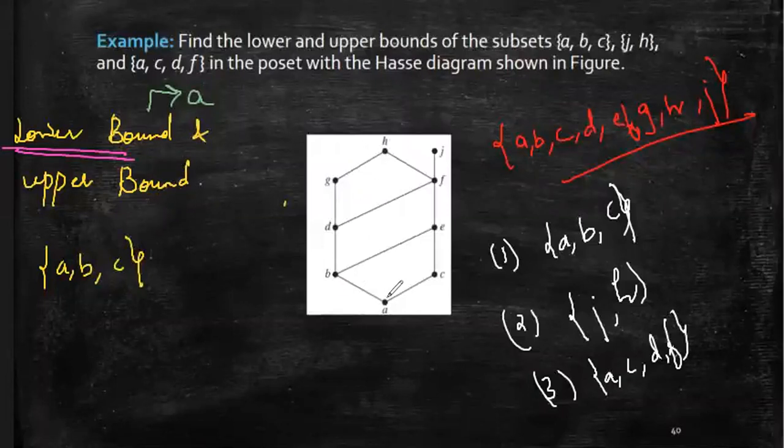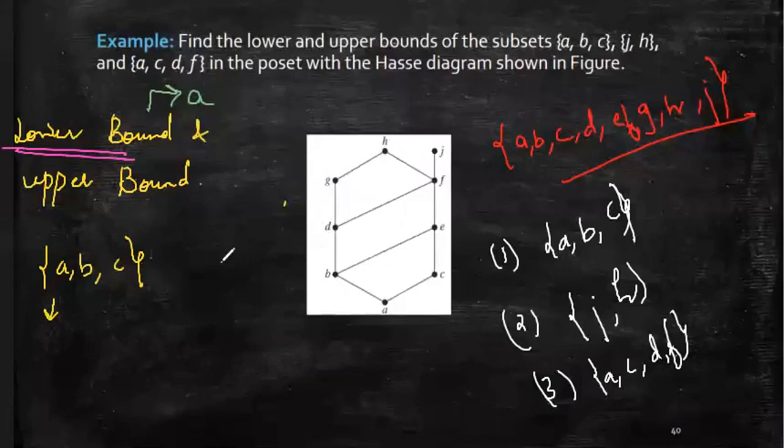For the element A, what are the elements greater than or equal to A? We will have all the elements, including A, B, C, D, E. That is your entire set basically, so let's not write it because it is the entire set.